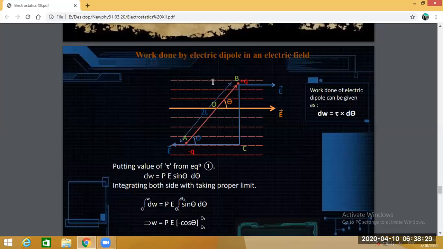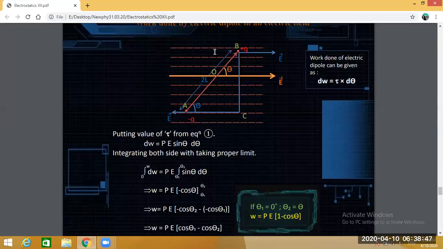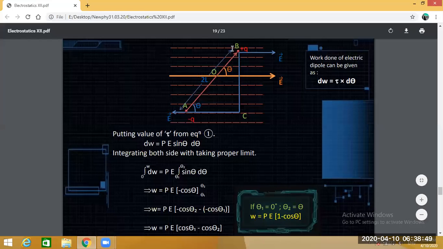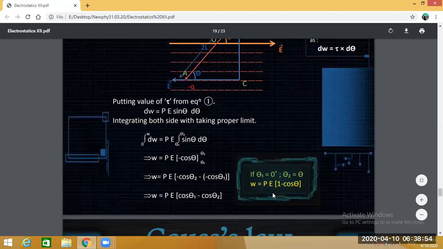At this 90 degree angle, when the dipole is released, it will on its own become parallel to the electric field, making angle theta equal to 0. So if we take the initial position at 90 degrees, then theta 1 equals 90 degrees. In that situation, cos 90 equals 0.